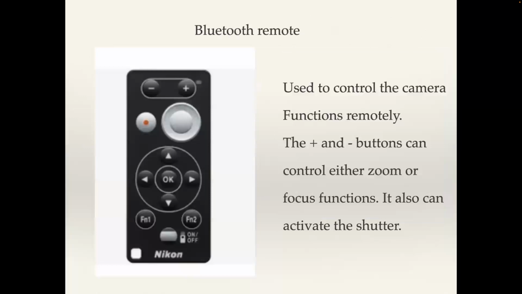Then the next tool that I've found to be very successful and very useful is the Bluetooth remote. This is hooked to the camera through Bluetooth. It controls all the camera's functions remotely. And that positive and negative button at the top can be used to control either the zoom or the focus.